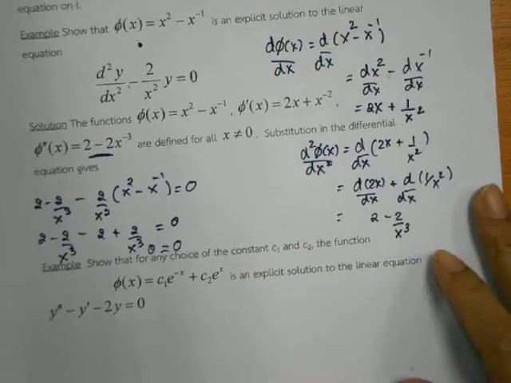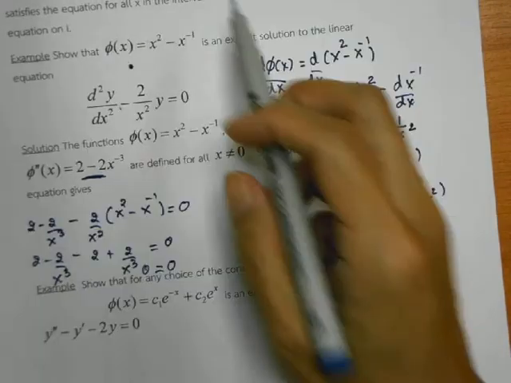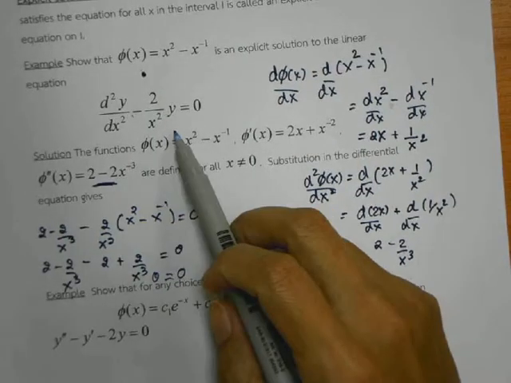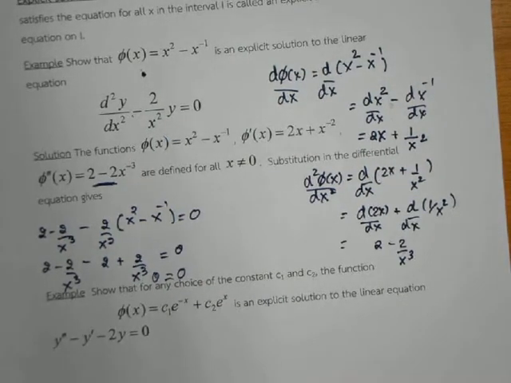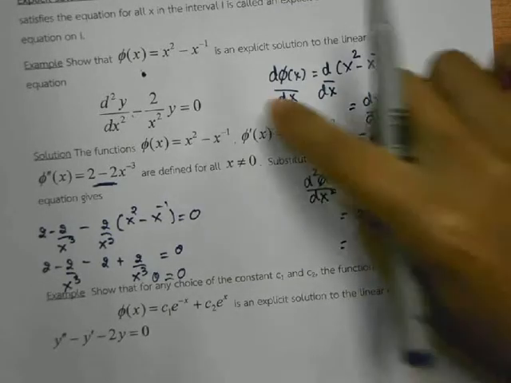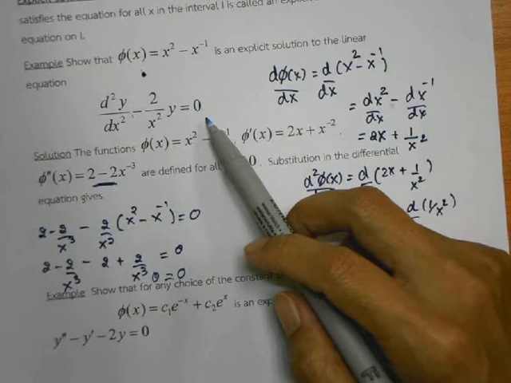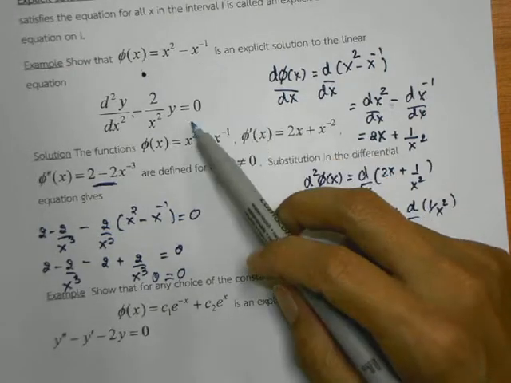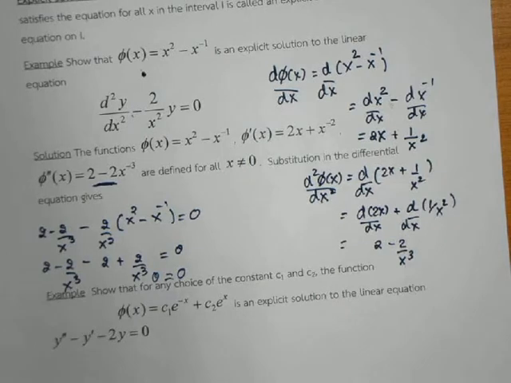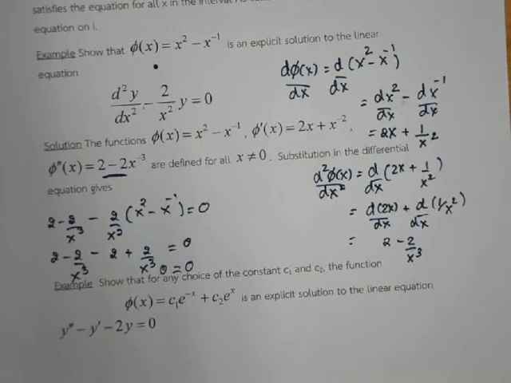That means this is exactly the answer of this equation. And it is explicit because x could be any number and make this function the answer of this equation. The meaning of explicit is that it is the answer of the equation.